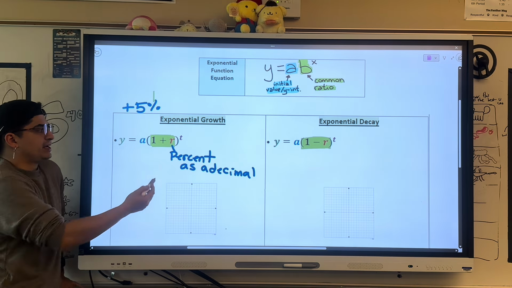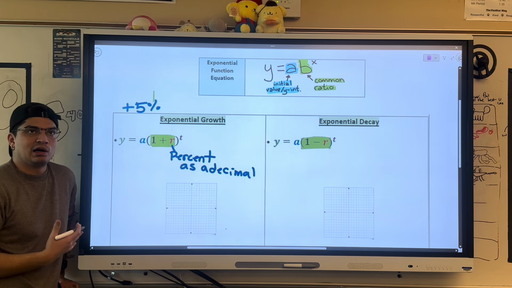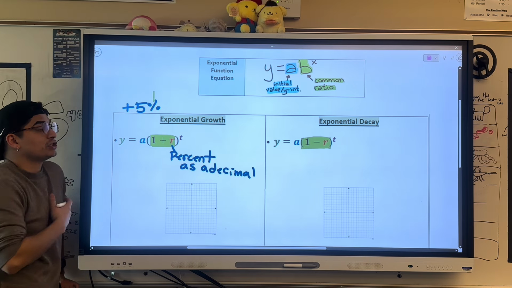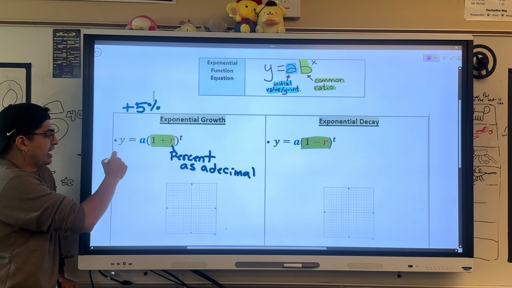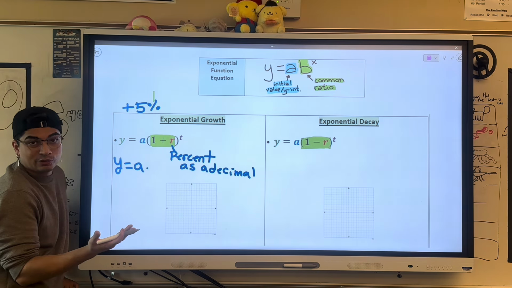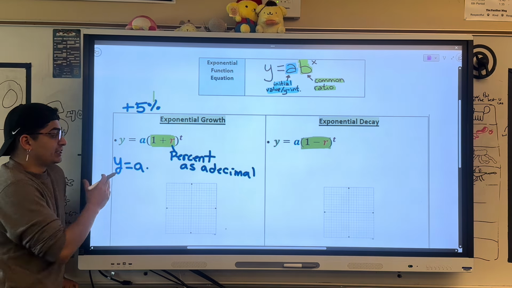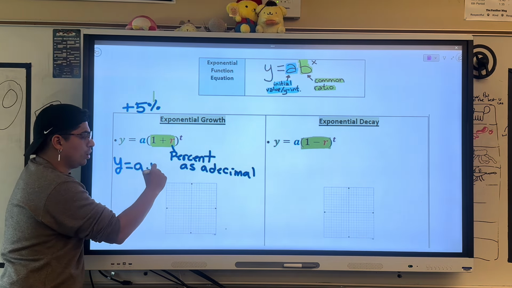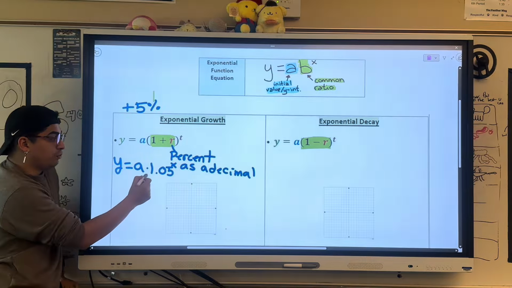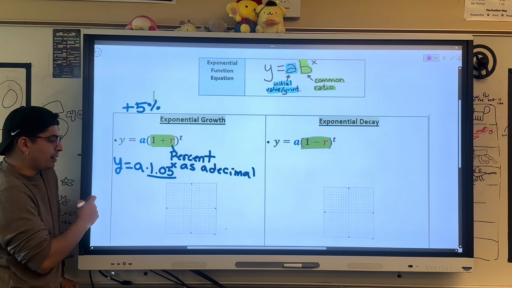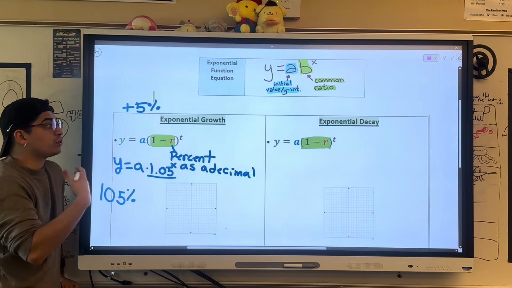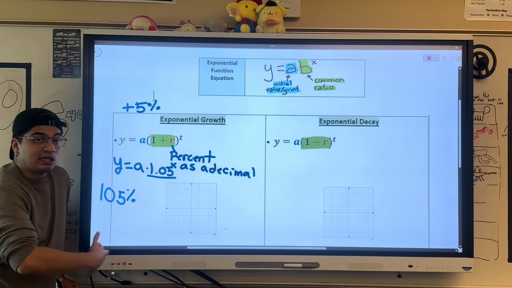And what happens up here, right, because we're adding it to 1, that's like 100%. 100% plus my change of 5% each month, you would now have y is equal to a, my starting value, which in this case I don't know quite yet, but my starting value is being multiplied by 1.05 exponentially. This 1.05, that represents 105%. I'm growing by 105% each month.